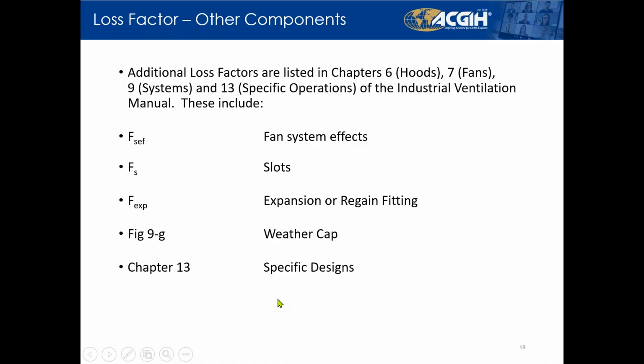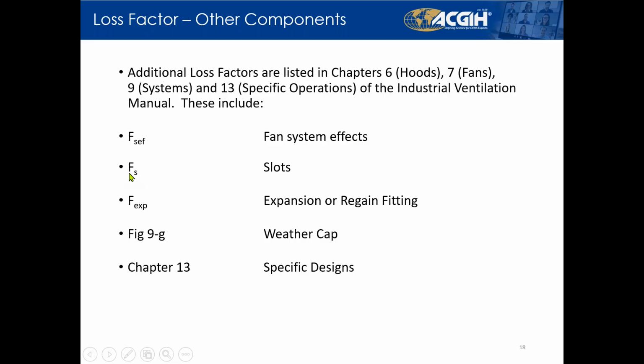Now, other loss factors. Additional loss factors are listed in Chapter 6, which is hoods, Chapter 7, which is fans, Chapter 9, which is systems, and Chapter 13, which are specific operations of the Industrial Ventilation Manual. They include SEF, which is fan system effect factors, and these would be found in Chapter 7.